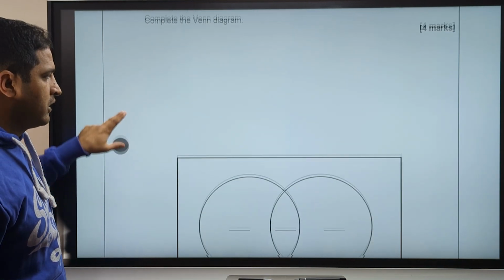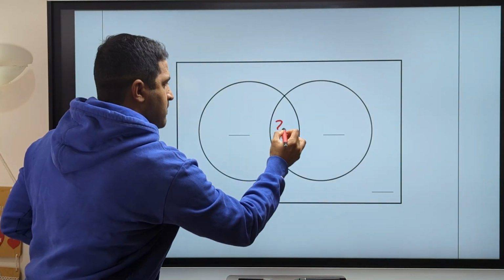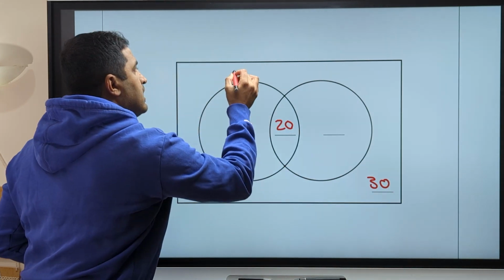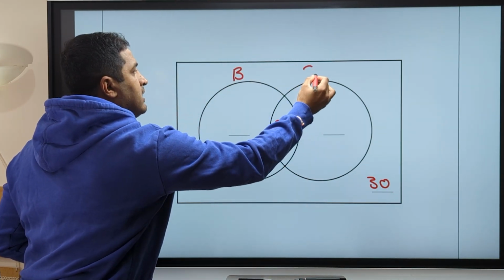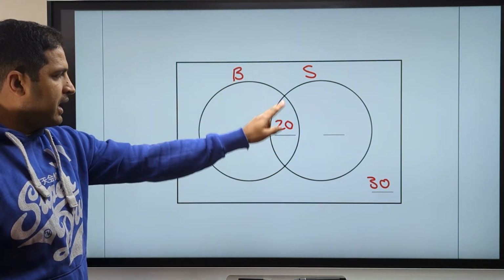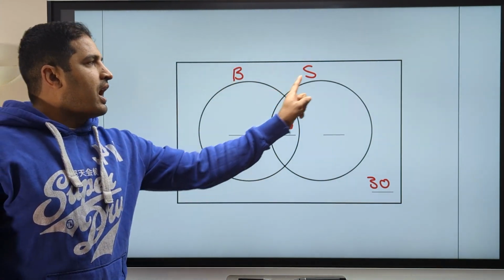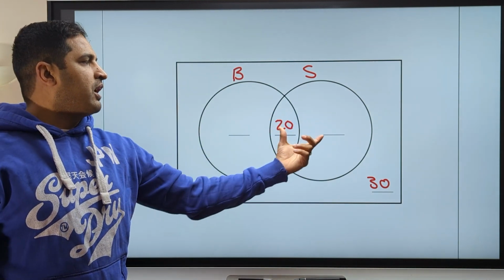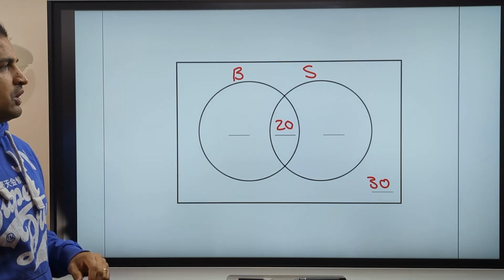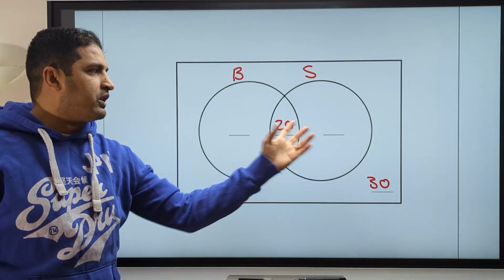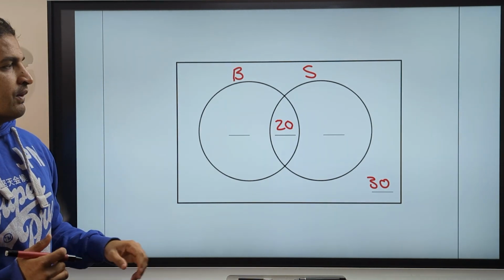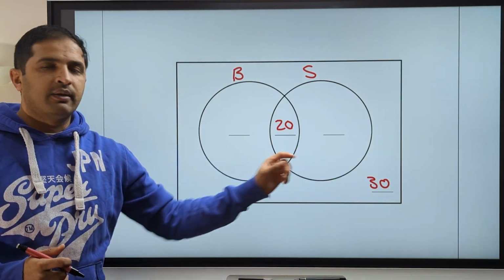20 do both, and 30 do neither. Now let's say these are for the bike and these are for the swim. Now these two numbers and these two numbers added together should be double these two numbers added together. Okay, and that's what we need to be looking at, and they all should add up to 100. So let's say we're looking to get two numbers that add up to 50, because that already takes up 50.